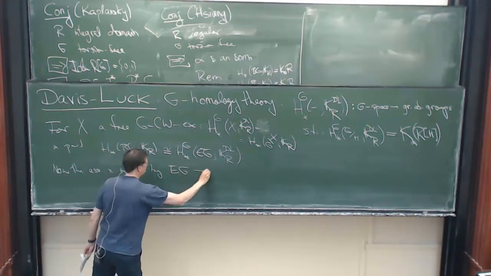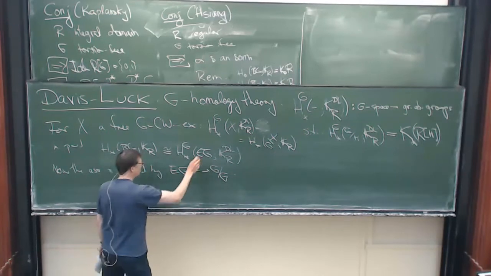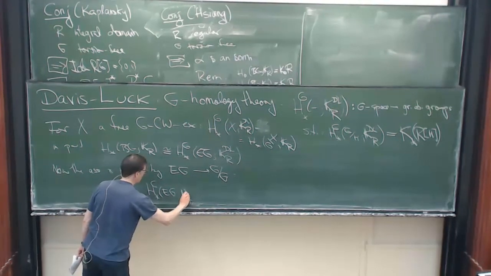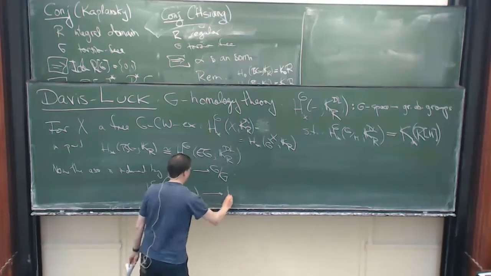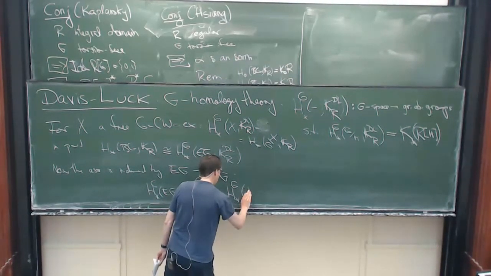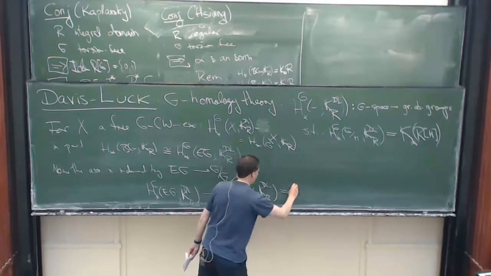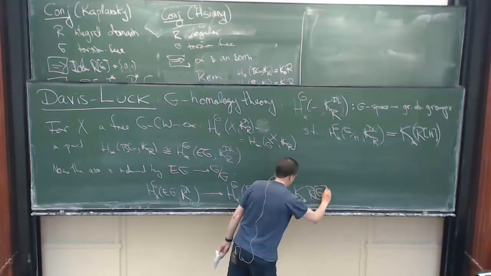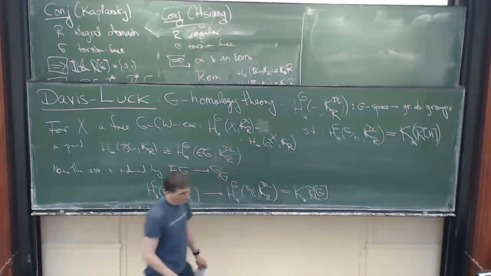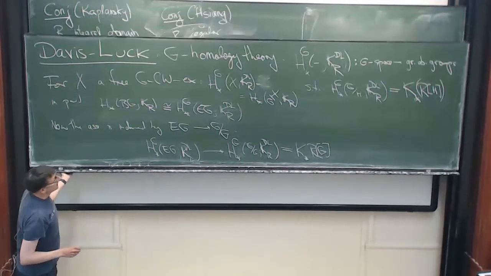We can just take the map that sends EG to a point, also known as G mod G, and if we put this into our theory, then we go to the K-theory of the group ring, which by design was the value on G mod G. So now I've defined the map, but I didn't define this homology theory for you.